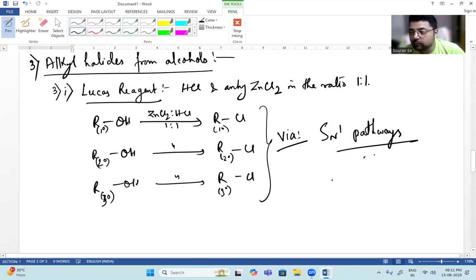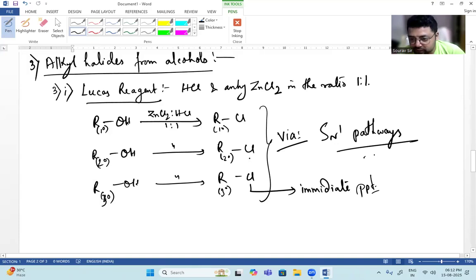And we all know for SN1 pathway, 3 degree carbocations are more stable. So the 3 degree alcohol will give immediate precipitation when treated with ZnCl2 and HCl.